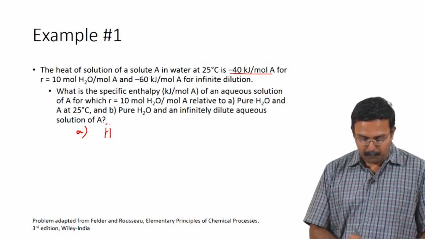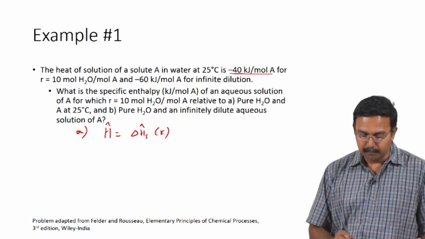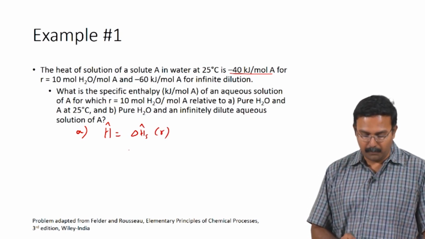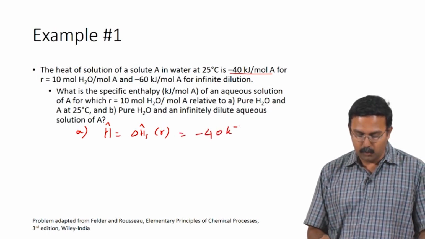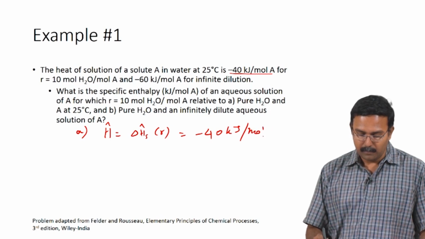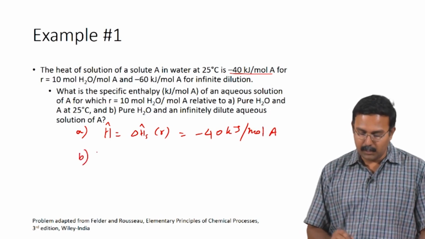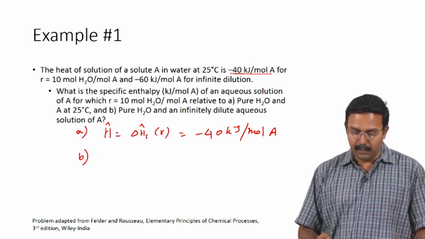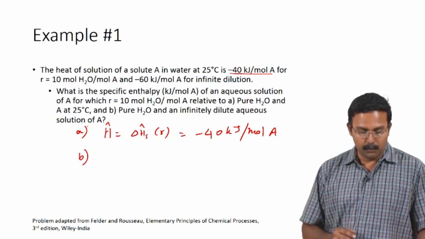So, our H cap would be equal to delta Hs cap at R, and the R is 10 moles of water per mole of A. So, we can directly use this value, which is minus 40 kilojoules per mole of A. So, the next reference state which is used is pure water and an infinitely dilute aqueous solution. In the previous slide we looked at how we would calculate this.